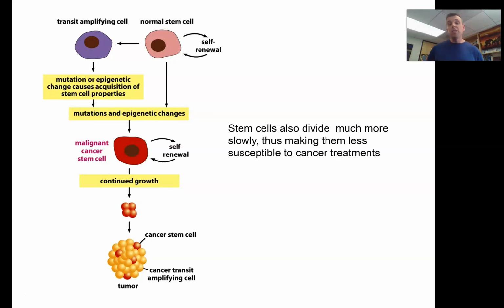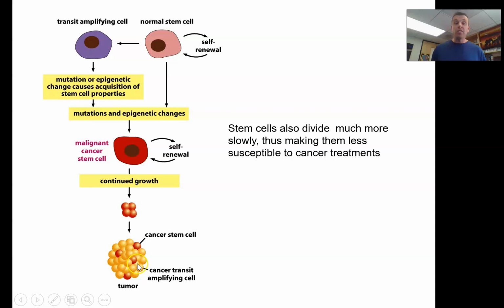And so why does this make them less susceptible to cancer treatment? What do most cancer treatments actually do? Well, most cancer treatments basically kill rapidly dividing cells. So if you have a tumor, most of these cells are going to be rapidly dividing. So even the differentiated ones that shouldn't divide, they're starting to divide. And so that chemotherapy may kill all of your cells here, kind of shown in yellow, the differentiated ones.